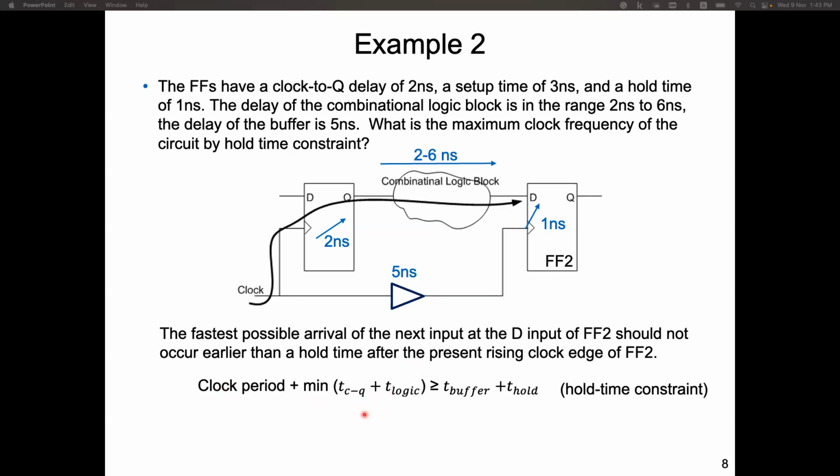So this fastest delay plus one clock period should not occur sooner than this hold time, this hold time plus this delay between two clock signals.